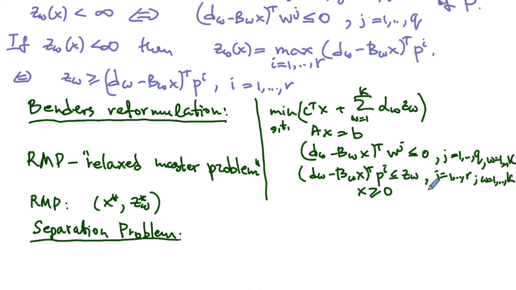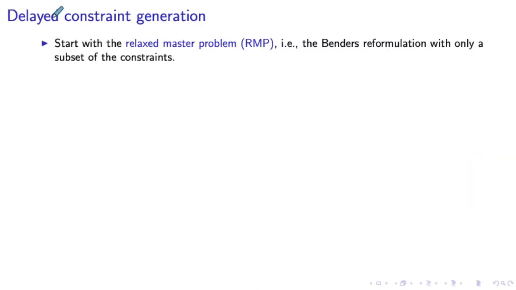If it is satisfied for every scenario, then we conclude that this optimal solution to the relaxed master problem is also optimal to the master problem, and we are done. Otherwise, we will generate a new constraint of this type and we will move on to the new version of the relaxed master problem with an additional constraint, and we keep going until we terminate. The process is summarized here. It is also referred to as delayed constraint generation.